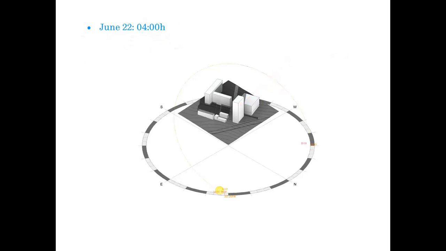And let's have a look at June the 22nd, the middle of summer. So there is our sun. It's rising in the northeast, and it's rising at about 4 o'clock in the morning. So very, very early in the morning.